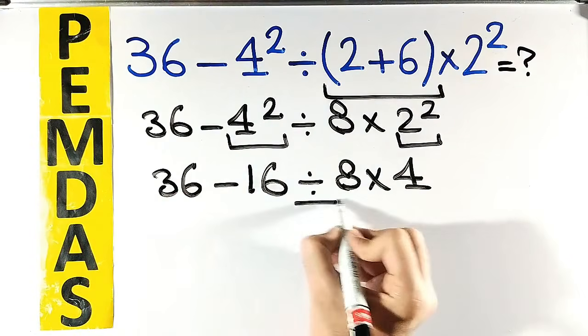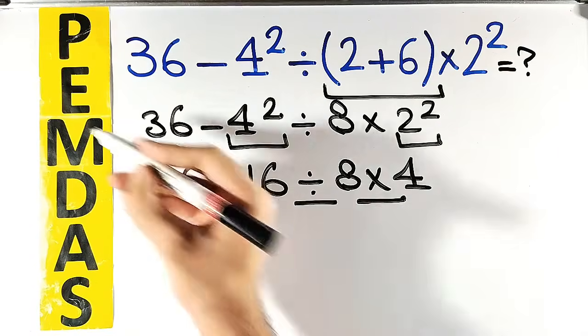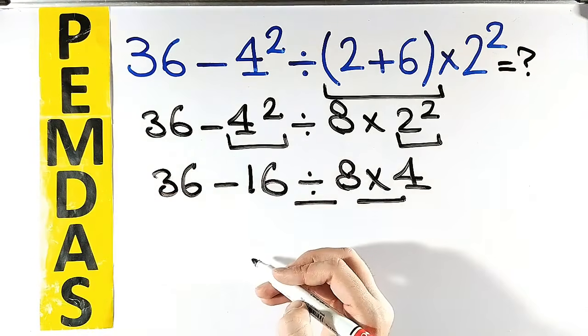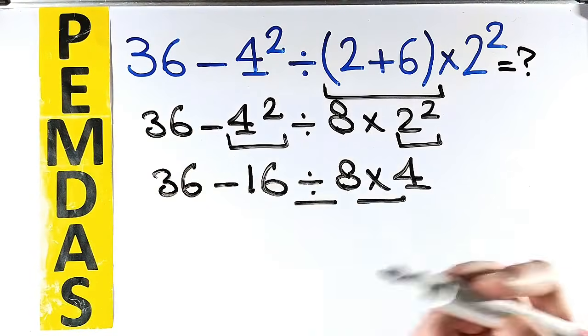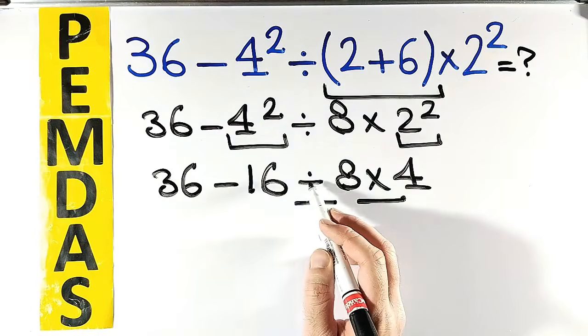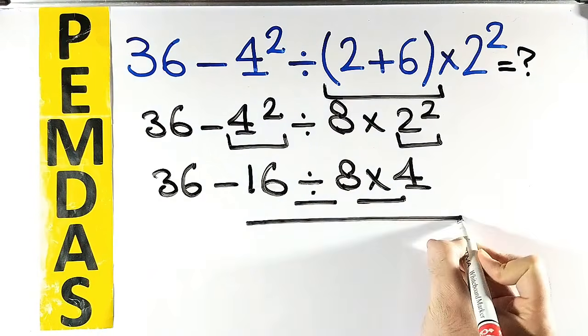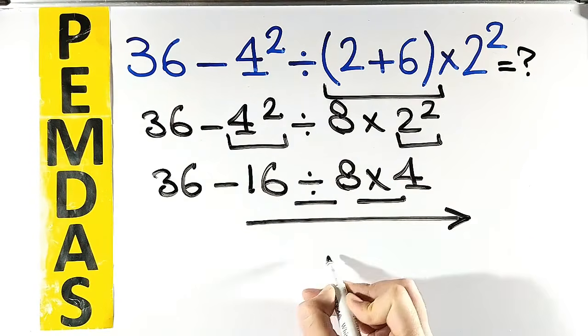Then, we go for the division and multiplication because multiplication and division have a higher priority than subtraction. However, we must pay close attention that multiplication and division are at the same level of precedence and we must perform these two operations from left to right.